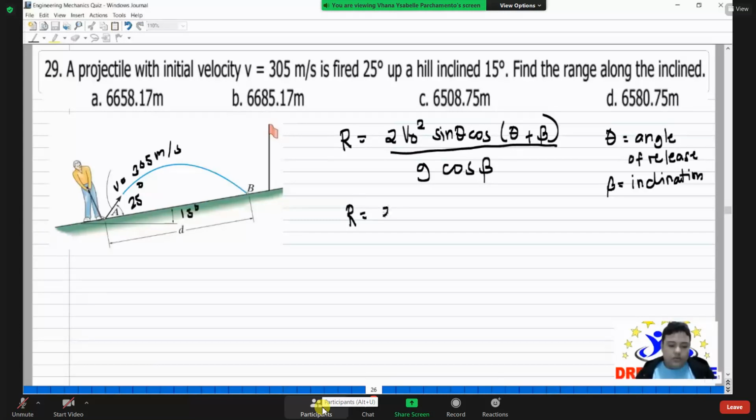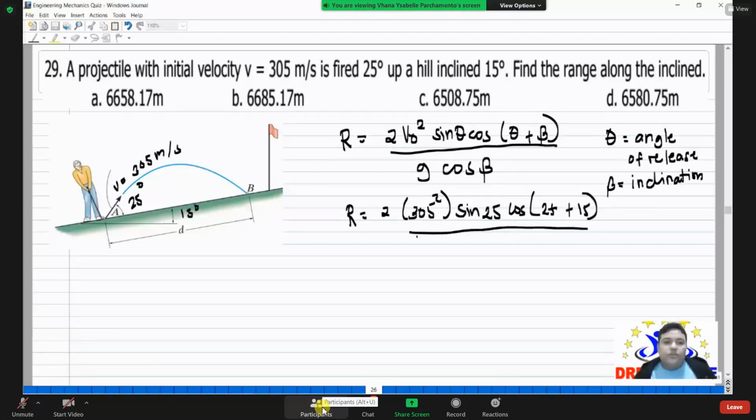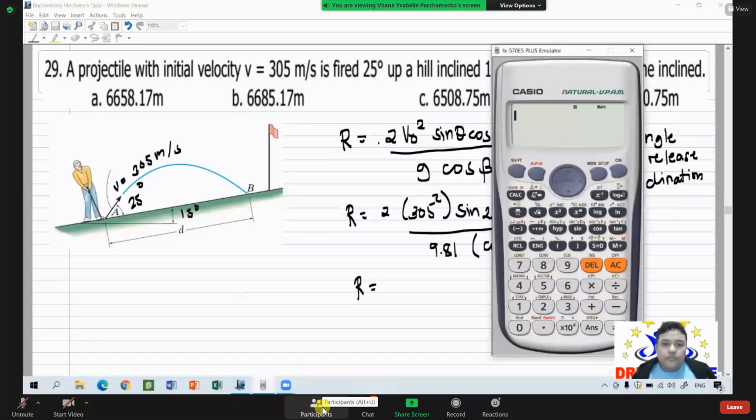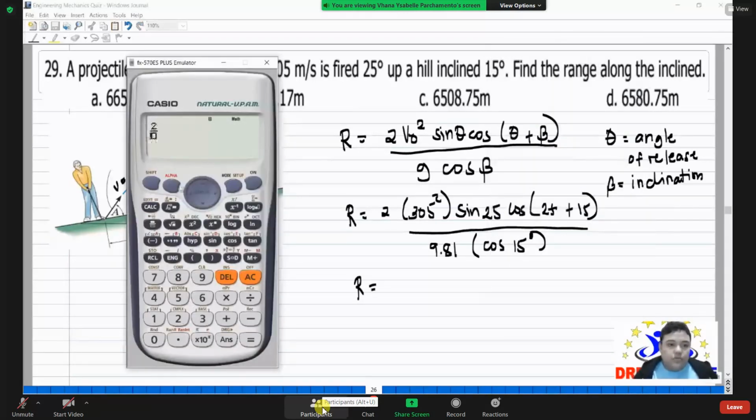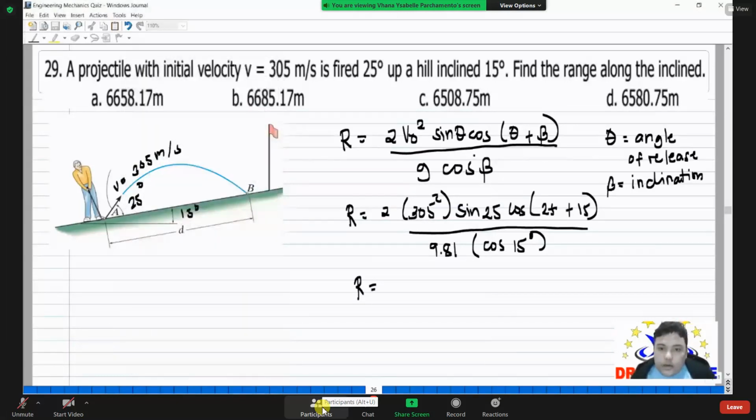So, direct substitution: R is equal to 2 times 305 squared times sine of 25, cosine of 25 plus 15, all over 9.81 times cosine squared pala to.